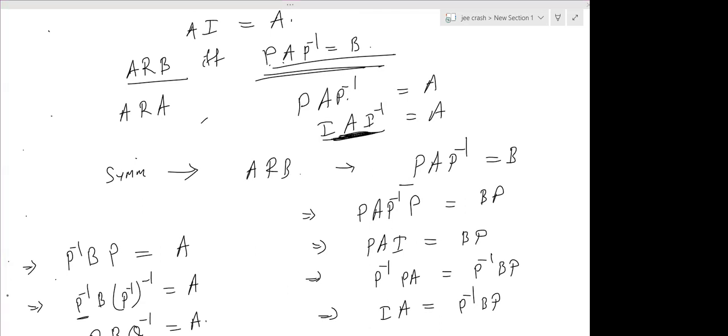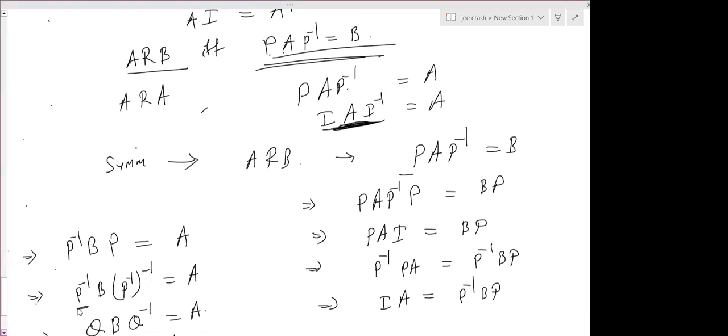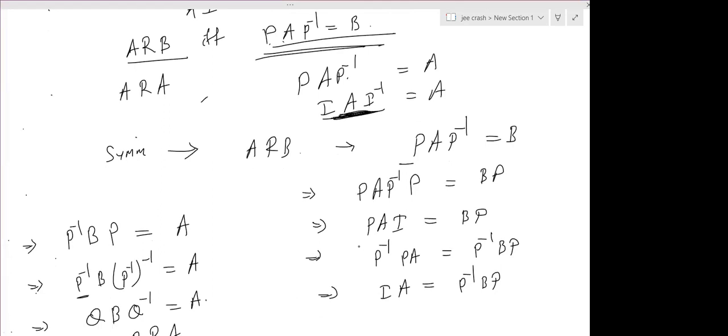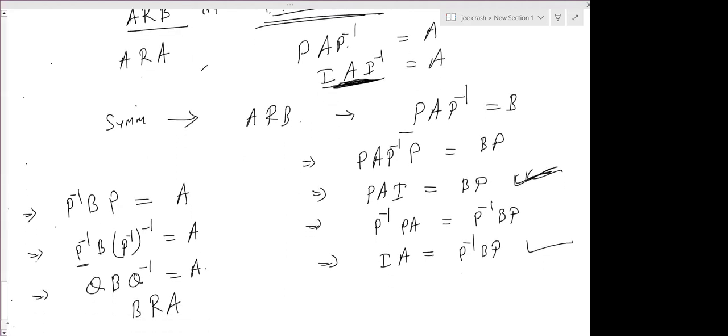Sir, could you explain after I A is equal to P inverse B P? Okay, the two steps below that, from this step. All right.